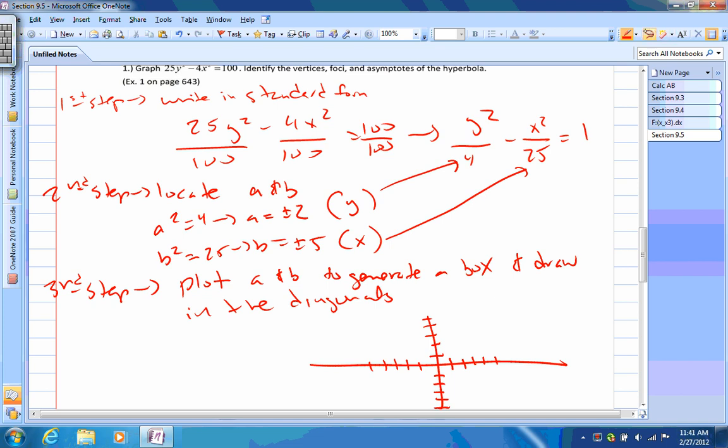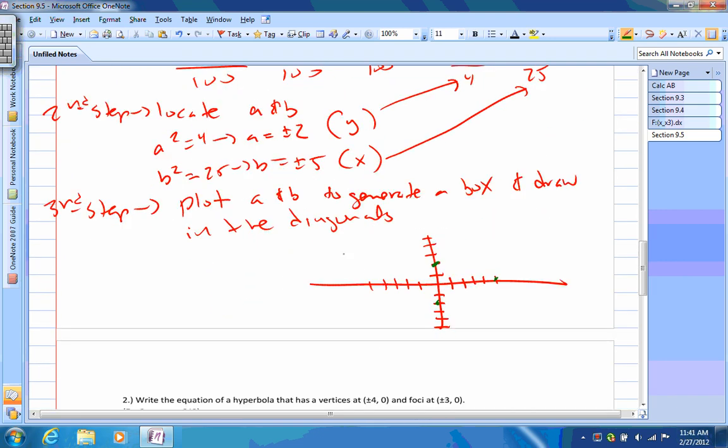So changing colors up, I'm going to locate 2 and negative 2 on the y-axis, and 5 and negative 5 on the x-axis. Now we draw a box. Usually I like to use dashed lines. And draw on your diagonals.